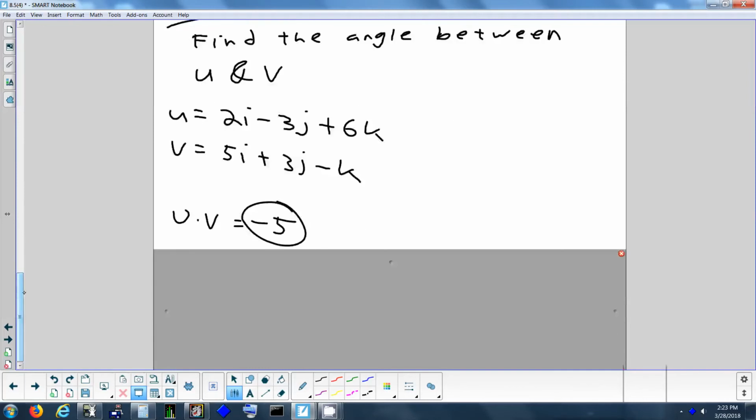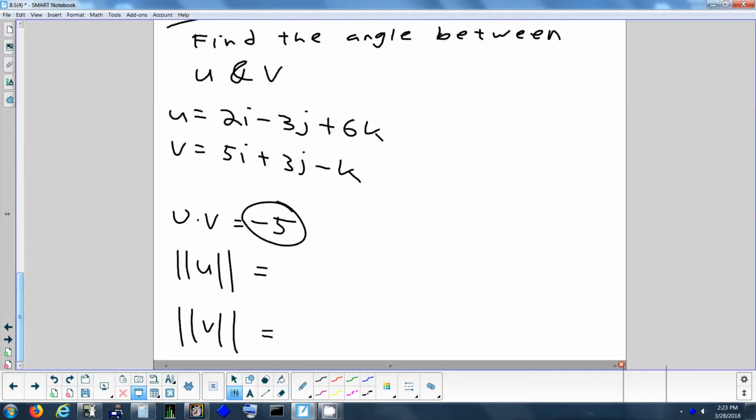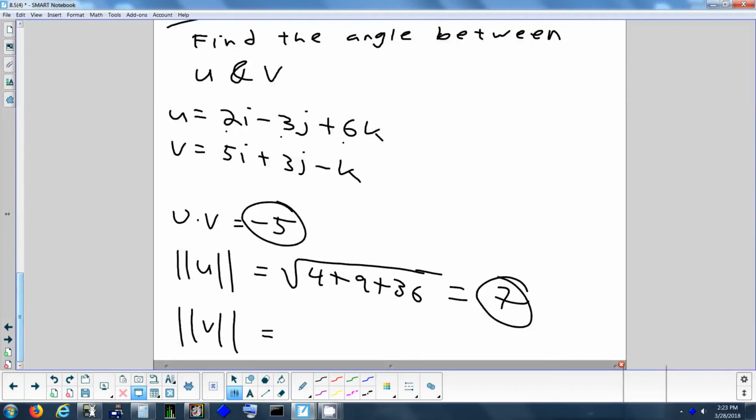So now let's find the two things Julianette just said. The magnitude of u: 4, 9, 36. If you add that up, you get the square root of 49, which is 7. And then for the other vector, 25, 9, 1.